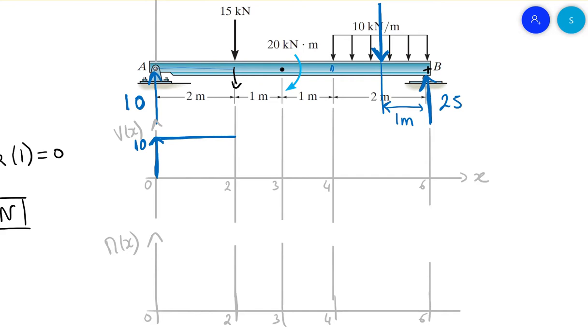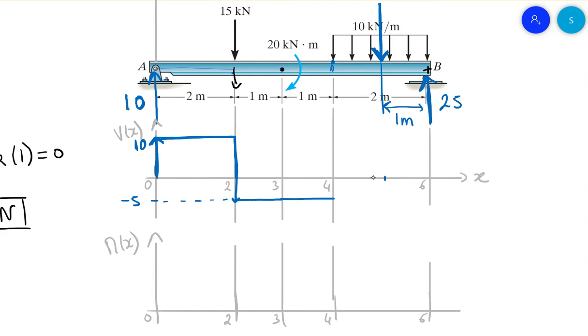Now we apply a force of 15, so we need to go down 15, so it's 10 minus 15, which is minus 5. From this point to this point there's no force applied, so it's constant. There, it's a bending moment, so no change in shearing force.